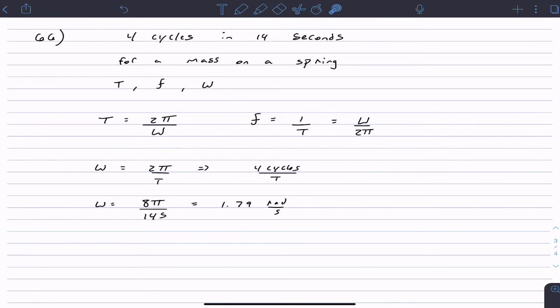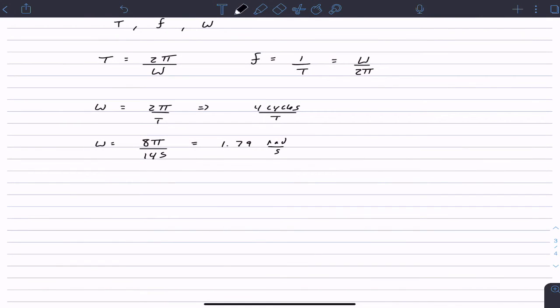And then from there, you can just use substitutions. So you can say, okay, well, omega is equal to 2 pi frequency, right? You want to find frequency, then just take 1.79 over 2 pi.